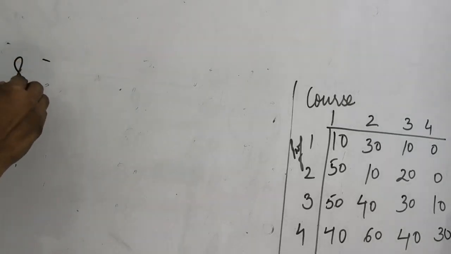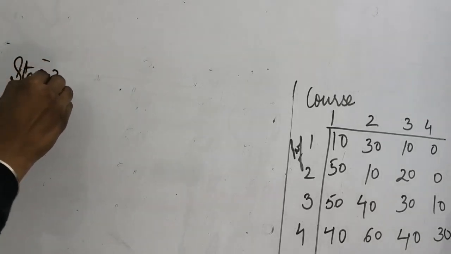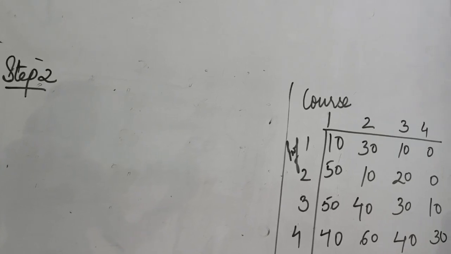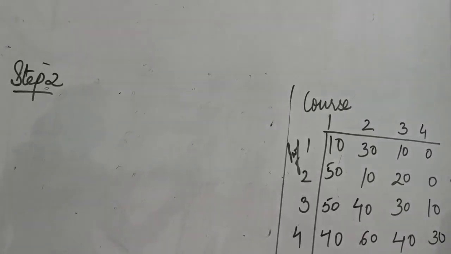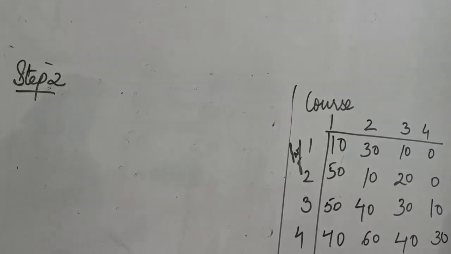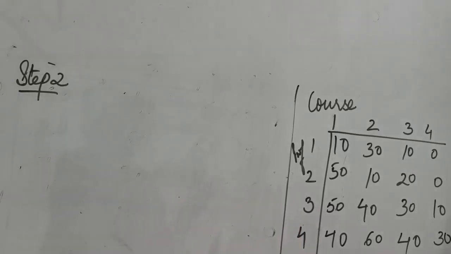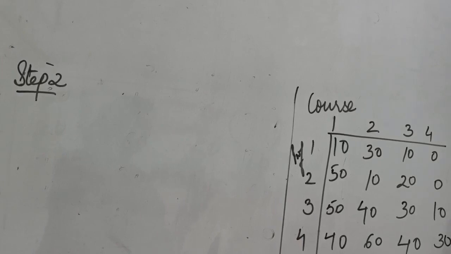Now we will start with step number 2, after the first step of converting the problem into the minimization problem. Now what you have to do is row reduction. Look at this matrix. For row reduction, we have to choose the minimum element from each row. The first row has 10, 30, 10, 0. So the minimum element is 0.